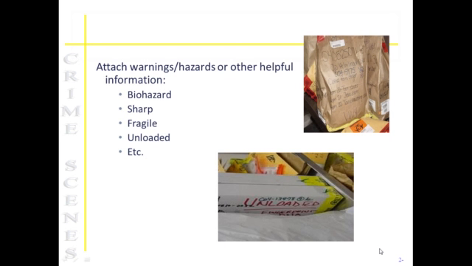So if it's something that is bloody, you want to attach a biohazard sticker, or at least put the wording on the packaging to alert any others handling the evidence of that potential hazard.